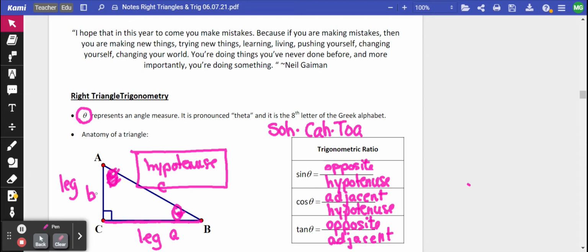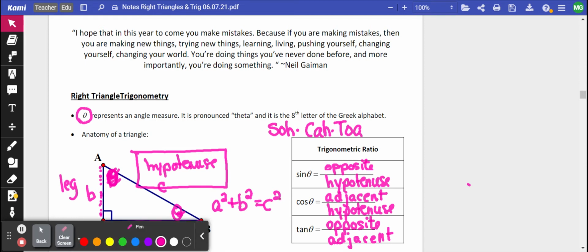If we switch that up and we used angle A as theta, those two sides would change because this would now be the side that's attached to the angle, and this side over here would be the opposite. So lots to think about here, lots to remember. We also have to remember good old Pythagorean theorem that a squared plus b squared equals c squared. Okay, we're going to be using that a lot.